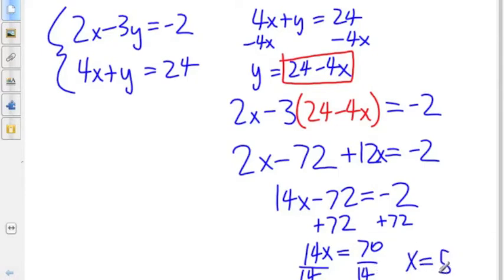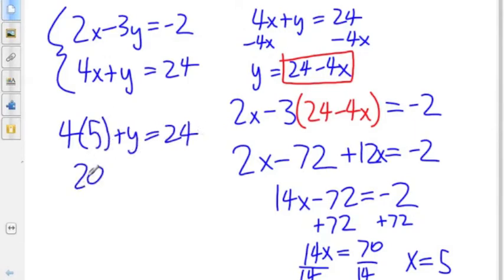Now at this point, we know what x is, so we just take what we know about x and plug it in for y. So I know x is 5. I can plug it into either equation. I'm going to use the bottom one because it just has a 1y, but it doesn't matter. You can use the top one. So we have 4 times 5 plus y equals 24.